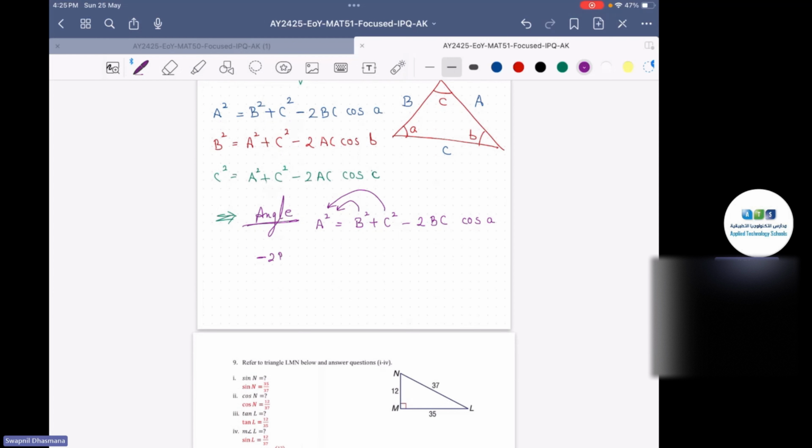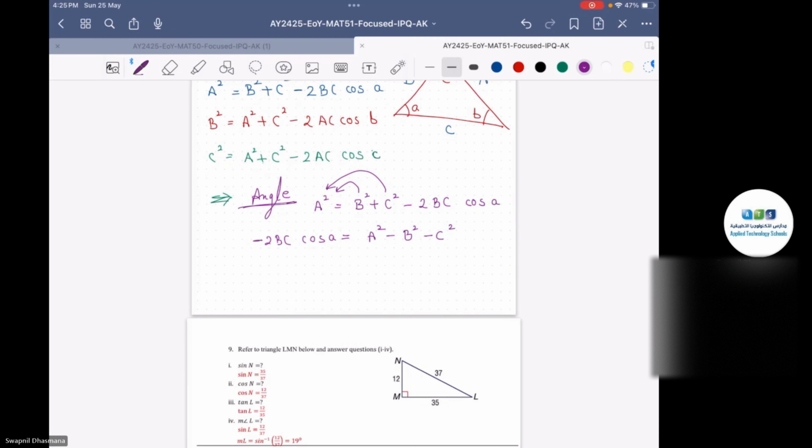So it'll be negative 2bc cosine A equals a squared minus b squared minus c squared. Now you will take negative 2bc to the other side, so it'll go in the division. Capital A, small a doesn't matter as long as you know what you're assigning.